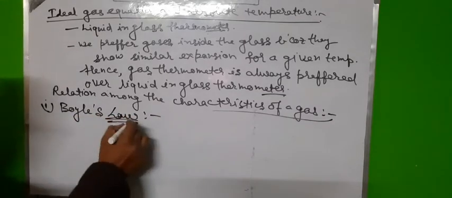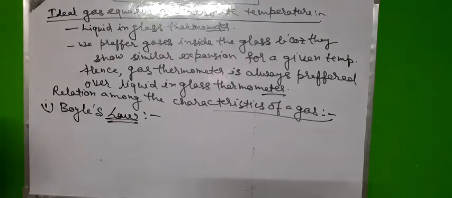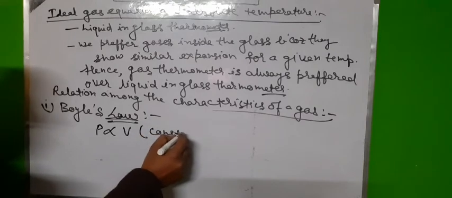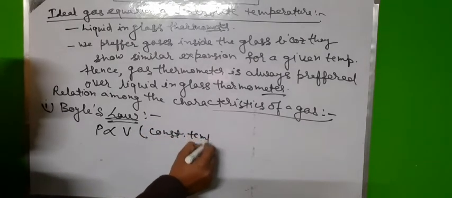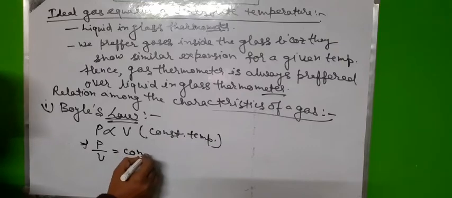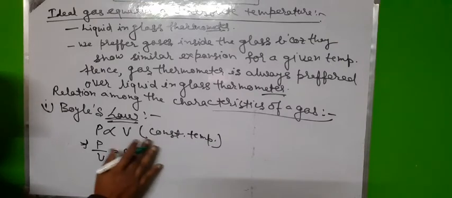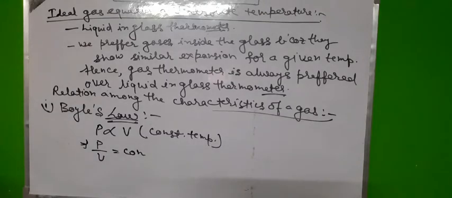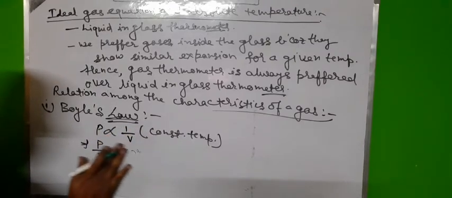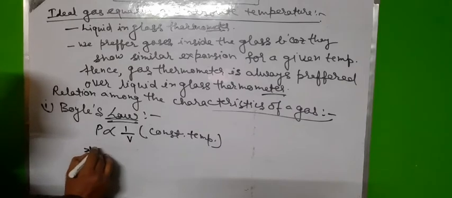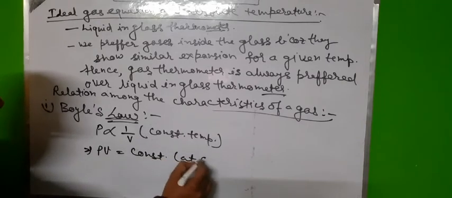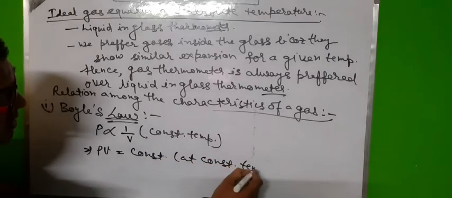Boyle had proposed that at constant temperature, pressure is inversely proportional to volume, or we can say that PV is equal to constant at constant temperature.